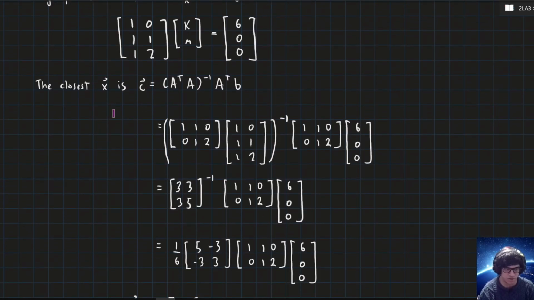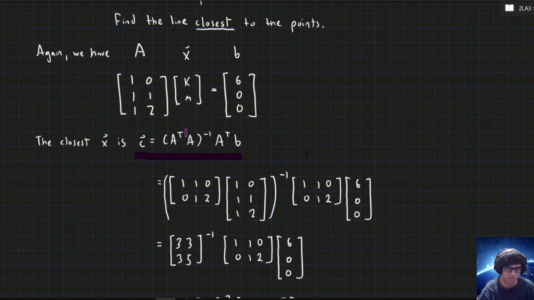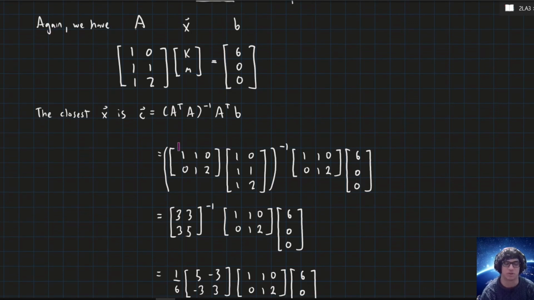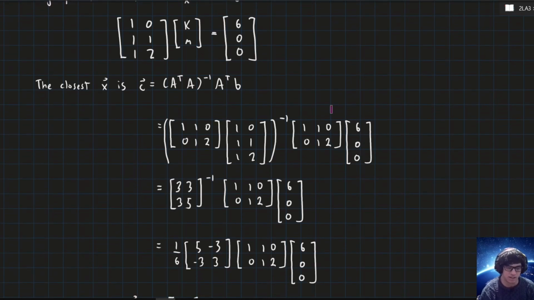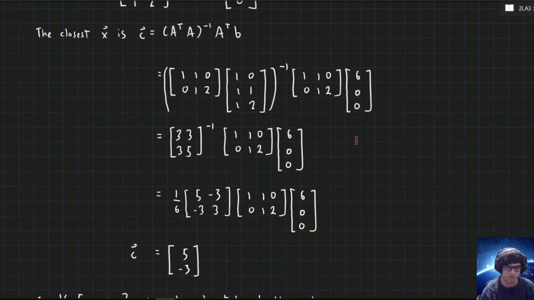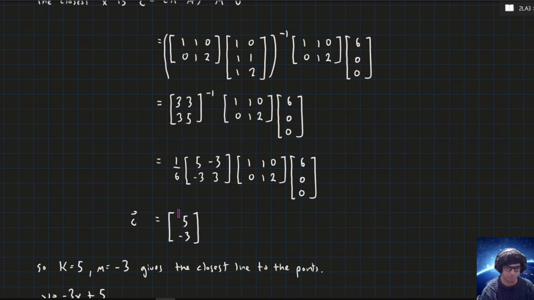The closest x will be, as we said, our c, which we worked out before, has this formula. So we have A, we know A transpose, we can work this out. Just multiply this, compute the inverse, multiply it all out, and here's our c. So we've solved for this problem.